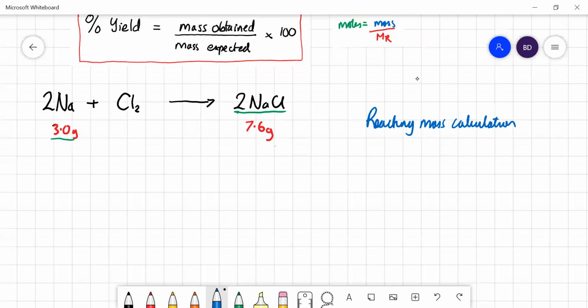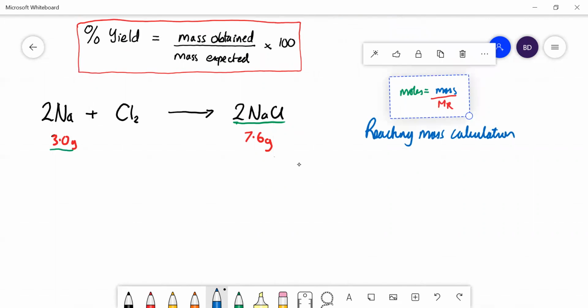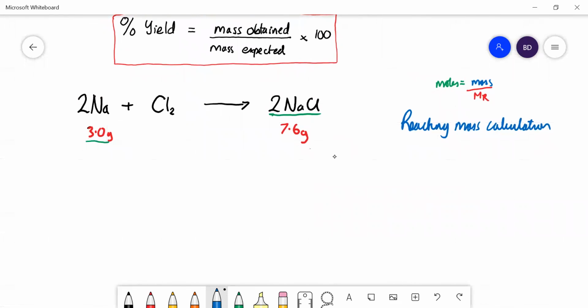We're going to need our usual formula: moles is equal to mass over Mr. What we know from this equation is that 2 moles of sodium gives us 2 moles of sodium chloride. So we can simplify that: 1 mole of sodium will give us 1 mole of sodium chloride, a nice easy ratio.